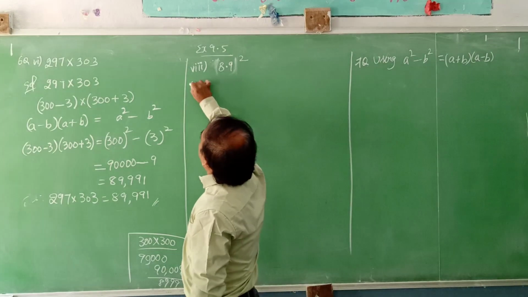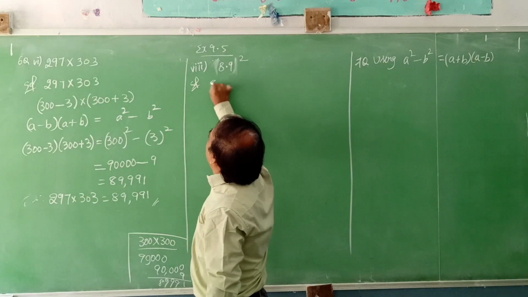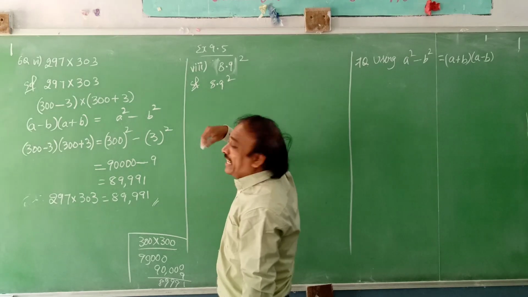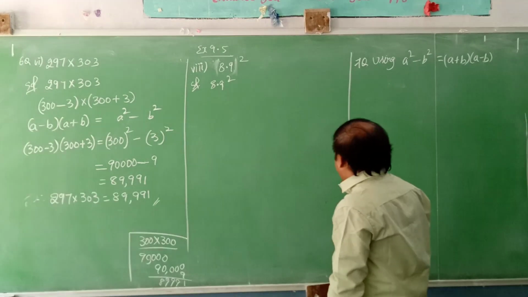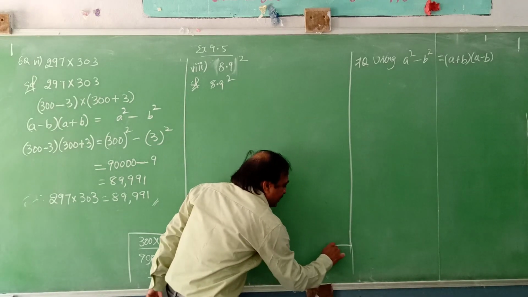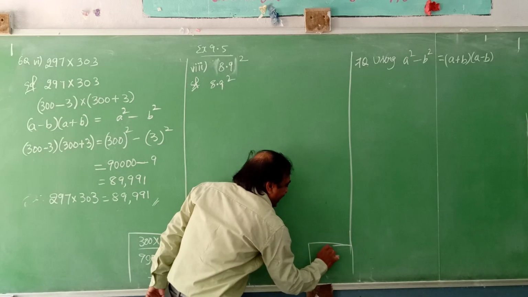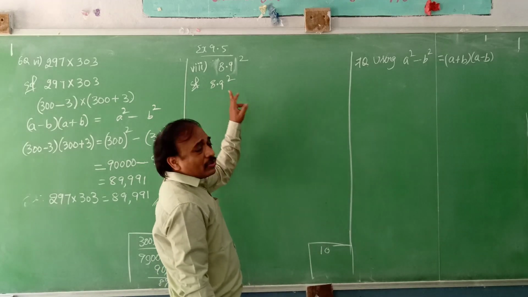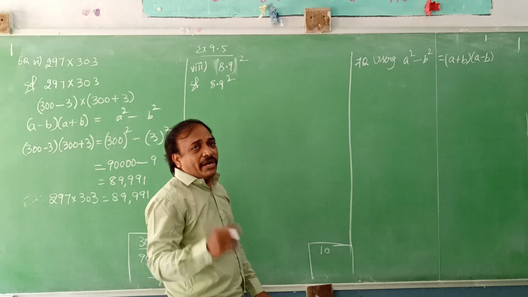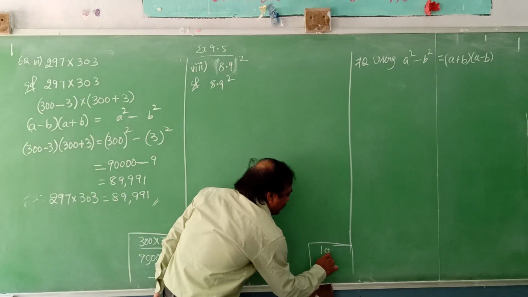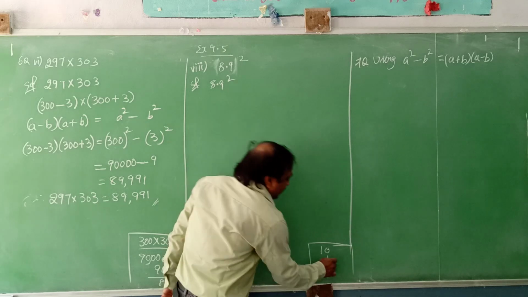So 8.9 square can be written using the nearest round figure, which is 10. I will show you how to get that. Look at this. Nearest round figure is 10. So 10 and how much do we need to subtract? 8.9 is 10 minus 1.1.